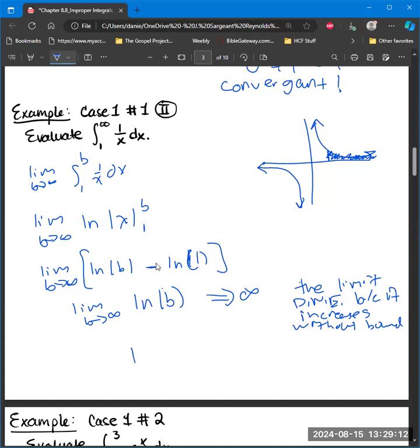And so therefore the integral diverges. I'm just going to say diverges here.